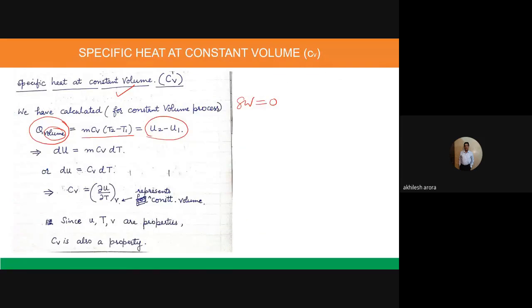So this is heat transfer at constant volume, which is equal to change in internal energy, because the value of work transfer, PdV work, is 0 in this particular case. And I hope that you remember the definition of the specific heat.